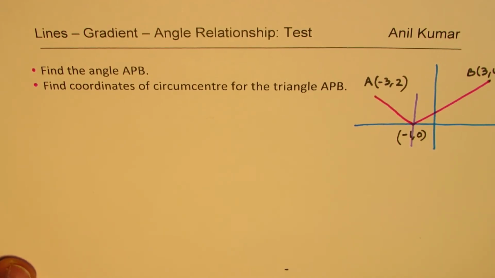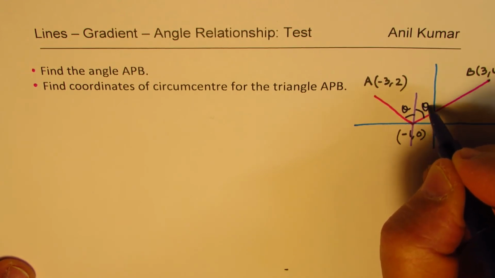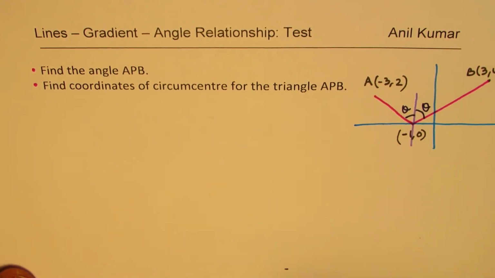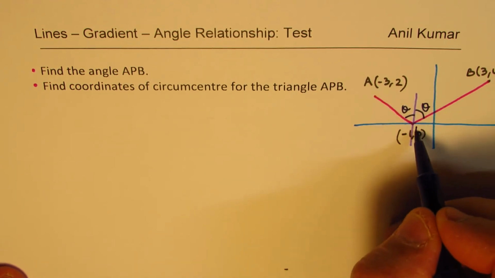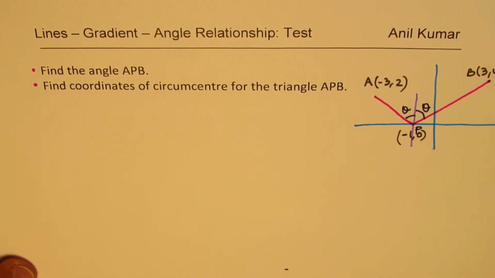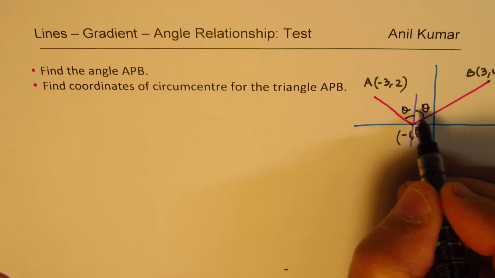We have assumed that these angles are theta, correct? Now we can actually find the angle APB, this point is P, right? So when we are talking about this angle, that becomes 2 theta.